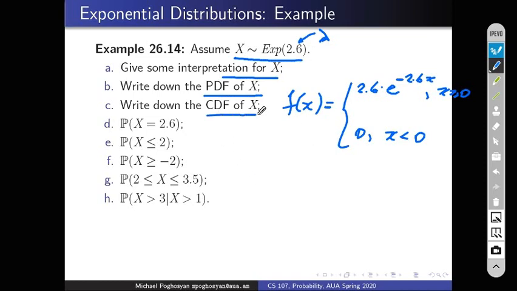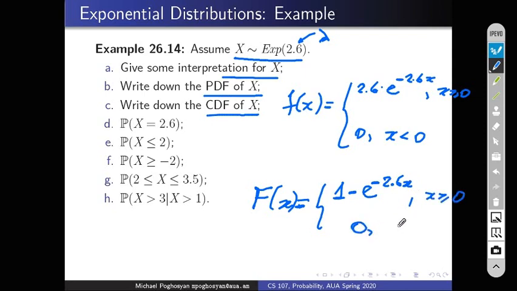Now write down the CDF of X. So F(x) is 1 minus e to the minus lambda x, 2.6x, if x is larger or equal than 0, and 0 otherwise, if x is less than 0. You can remember this formula or you can calculate it by using the PDF, but I suggest you remember this formula because when dealing with exponential random variables it is very useful.